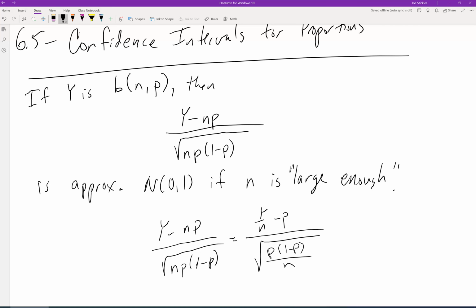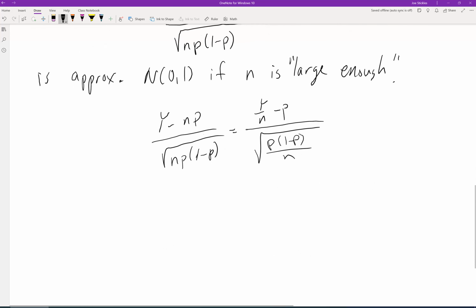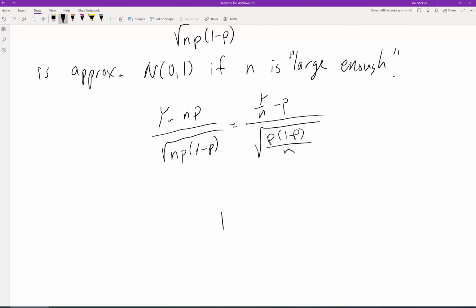But going through the same computations that we did for confidence intervals for normal variables, I would want my p to be in between the Y over n. I'll make a little bit more room here. The Y over n, I would do minus the z sub alpha over 2, and I would multiply by the standard deviation estimate. Oops, not p, sorry.